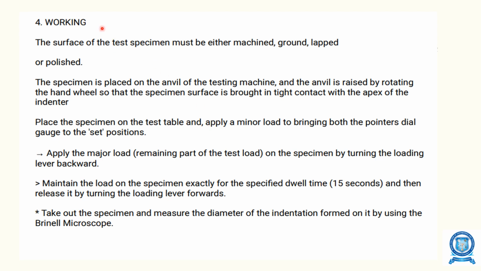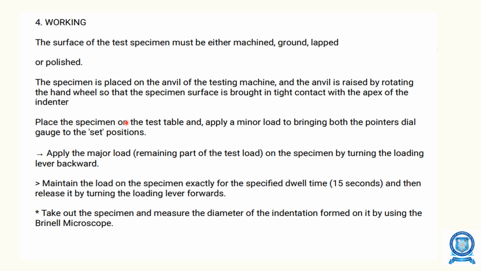Next is the working. The surface of the test specimen must be either machined, ground, lapped or polished. First we have to clean the material, then place it on the anvil. After placing the specimen on the anvil, we apply the minor load to bring the dial gauge to the set position.